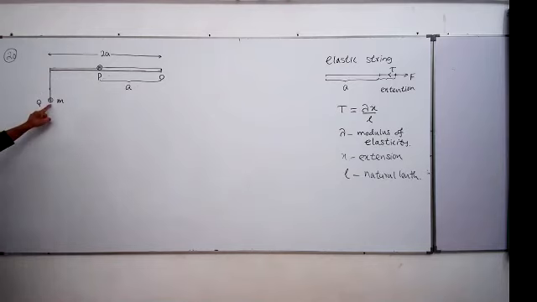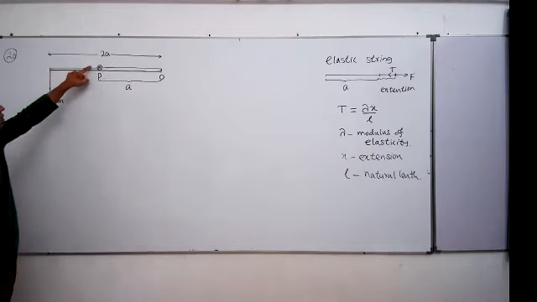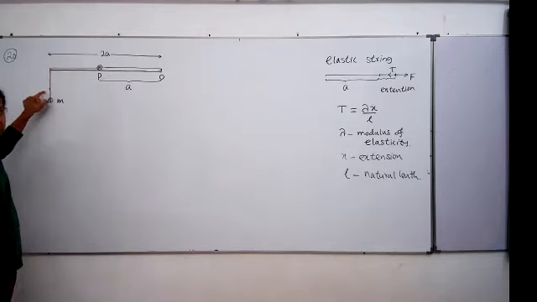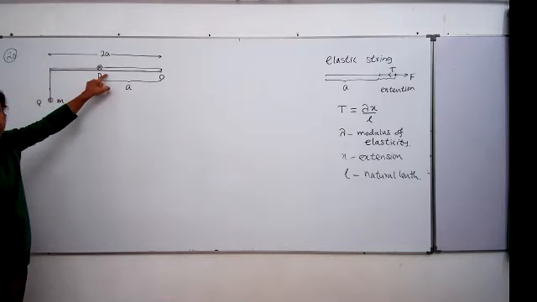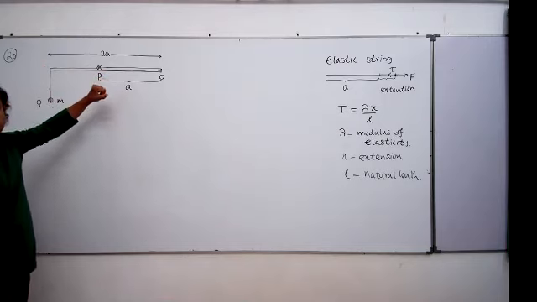This Q has weight mg, no? Because of the weight mg, this particle moves downward. Then the tension T is created in the inextensible string. That tension throughout the string is equal. This is inextensible, not stretchable, this is the elastic, extensible one.